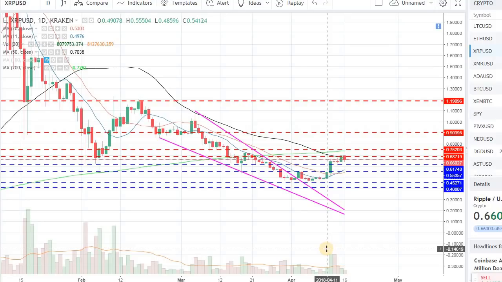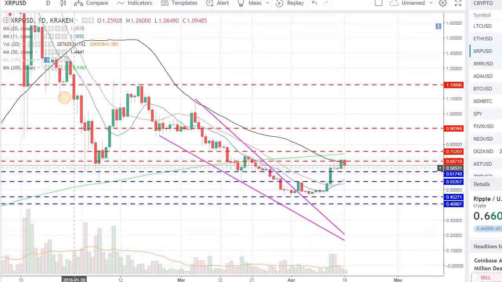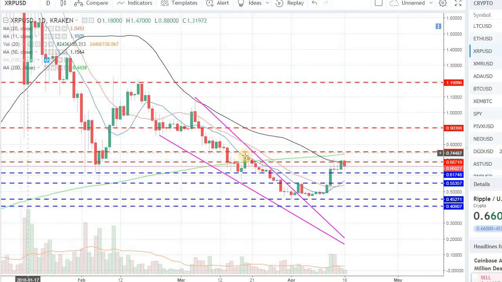All right. So just to recap on the technicals, right now we created that double bottom in early April, around April 1st, and then again on April 7th. Right now I think it's consolidation.